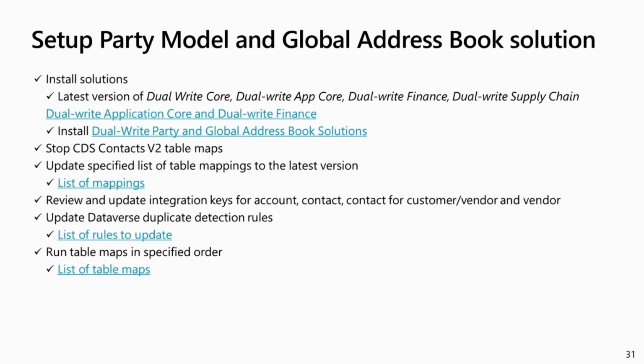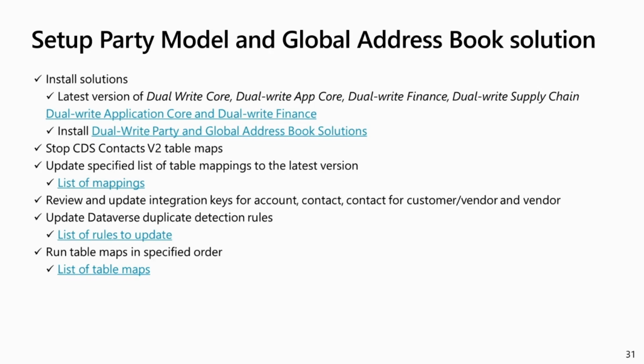In order to do that, you will have to identify all the required dual write application orchestration packages. For example, the dual write party and global address solution depends on the dual write application core, finance package, and supply chain packages.